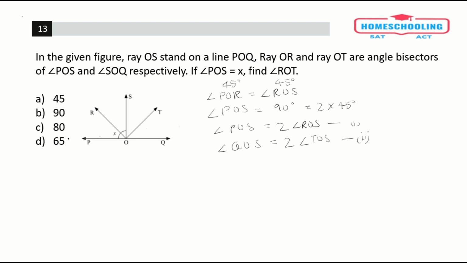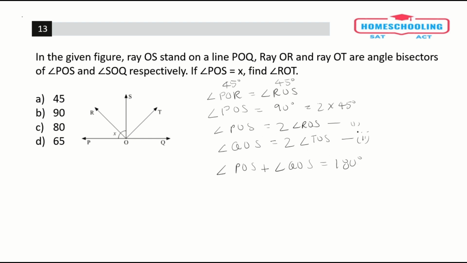As we can see, POQ is a line, so the linear angle would be 180 degrees. The sum of angle POS and angle QOS would be 180 degrees.